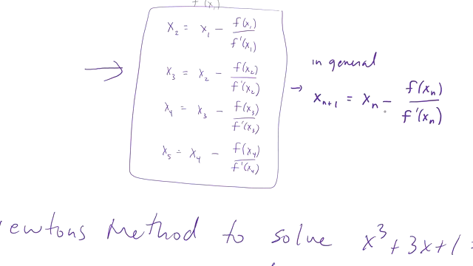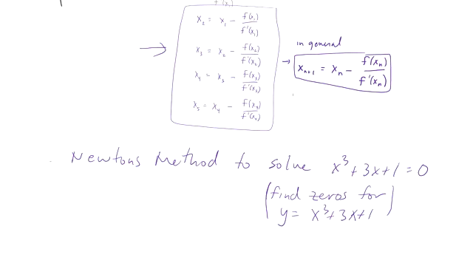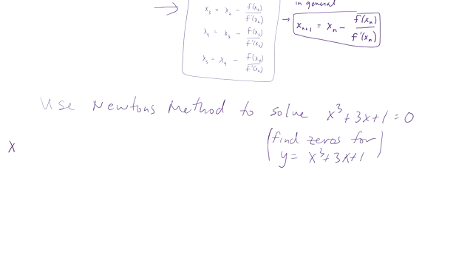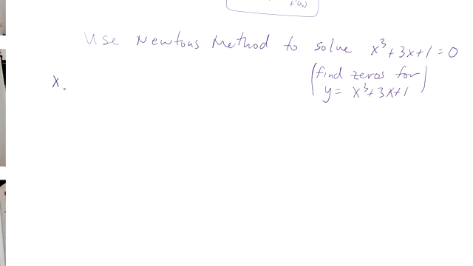If n is 2, this is 3. Does that make sense? So there's my general formula. We're going to use that now to solve this, and I'm going to rewrite it up here: x sub n plus 1 equals x sub n minus f of x sub n over f prime of x sub n.